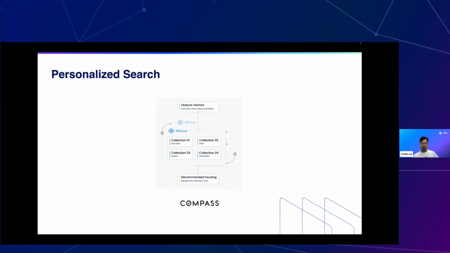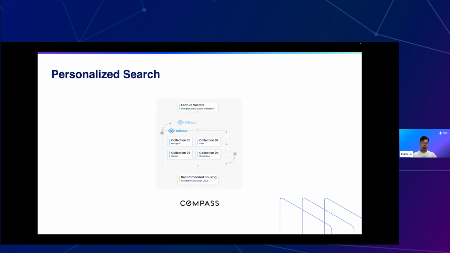Personalized search, and this is something that the Milvus community did with Compass. Again, just an example of one of the many ways that you can use a vector database such as Zilliz Cloud. If you want to make your search more tailored to your application or your specific type of data, you can vectorize your data as you see fit and do much more personalized recommendation and search through that.